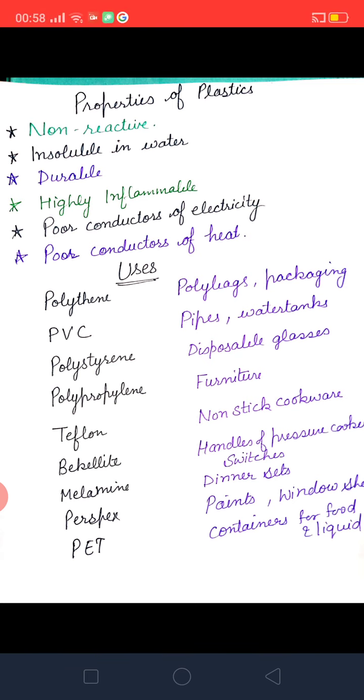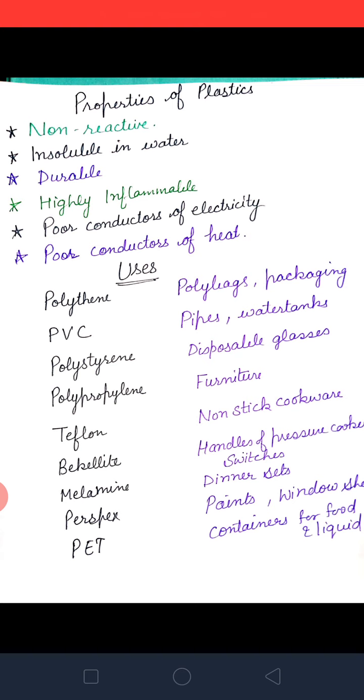Then Teflon, you have seen the non-stick cookware in the kitchen that is made up of Teflon. Bakelite, we have already discussed. Bakelite is used in making handles of pressure cookers, and even electrical switches are made up of bakelite.